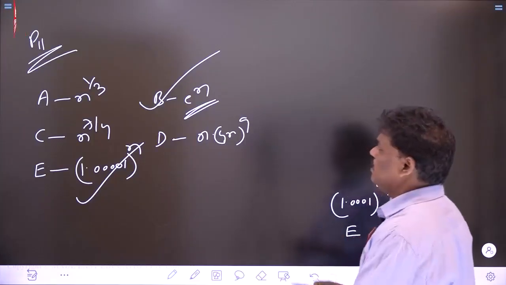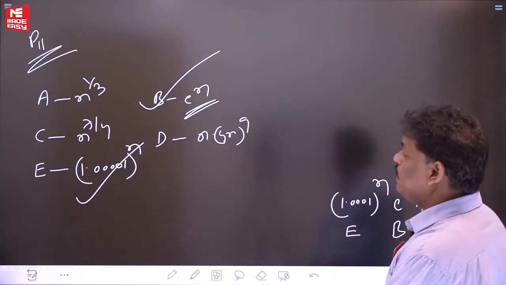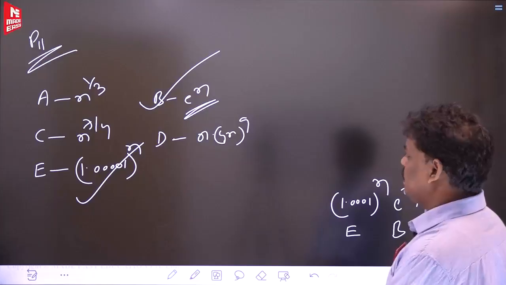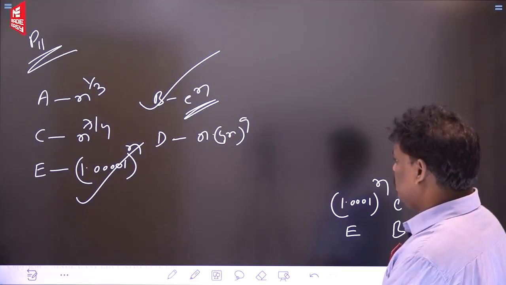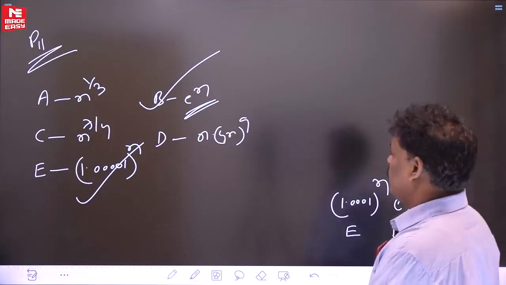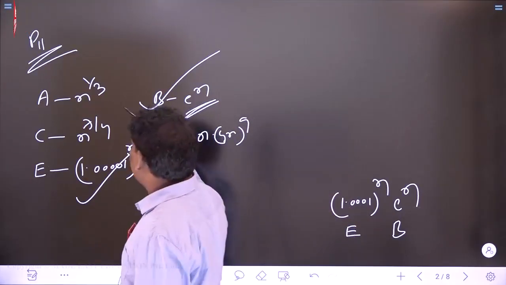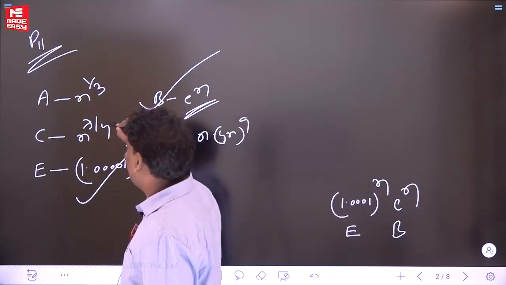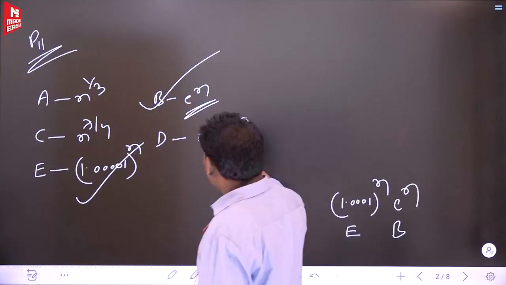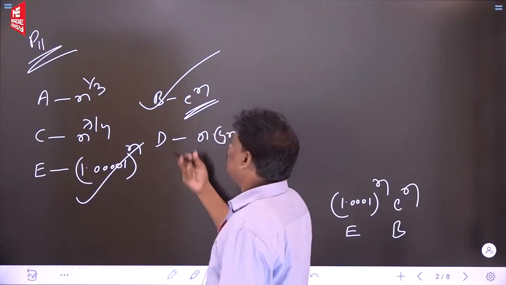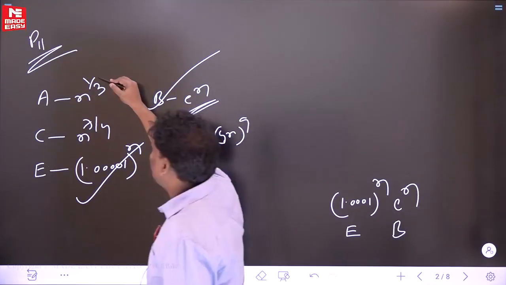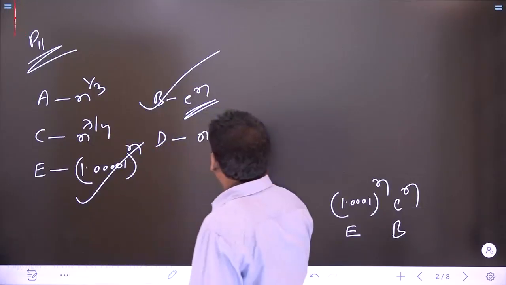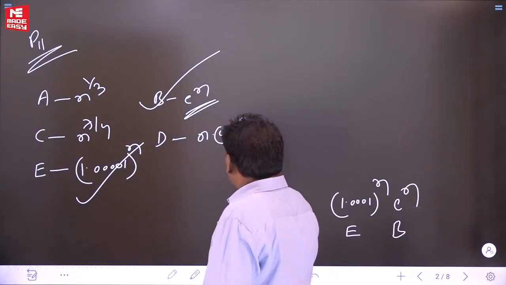Let's go to the next one. A, C, D, which one is smaller? Let's check. One thing to see: it is n power 0 point something, it is n power 1 point something, and it is also 1 there. It is clearly visible. A is 0 point something, C is 1 point something, and D is going to be 1 only, with some log n there.